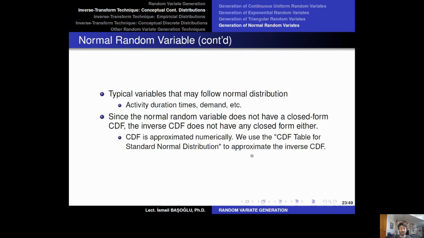So if we do not have the inverse CDF in closed form, how can we use the inverse transform technique? Now, we know from the probability course that the CDF of a normal random variable is approximated numerically. And if we want to calculate probabilities for any normal random variable, we were using the CDF table for standard normal distributions. So what was the procedure again?